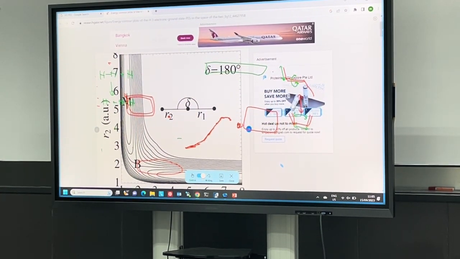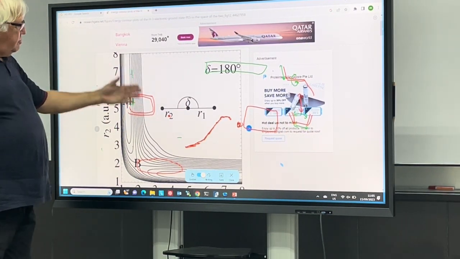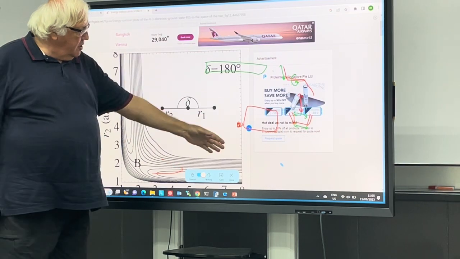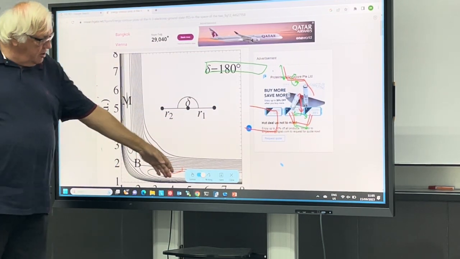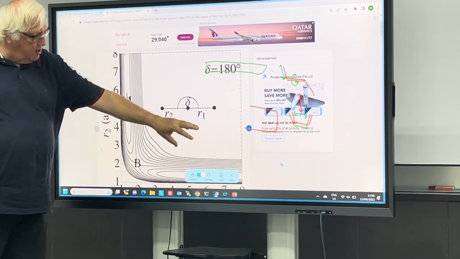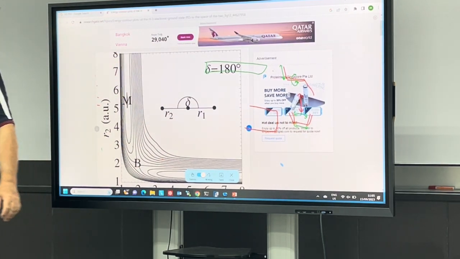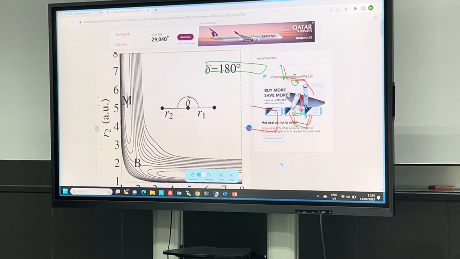And so you see that's exactly the same thing that we spoke about. And here are the dimensions, and that's the reaction. But that's the potential energy surface of the reaction. And so it's the same thing that we mentioned.